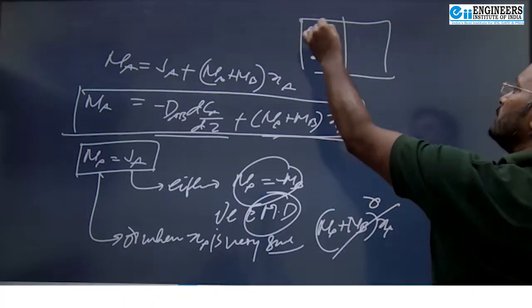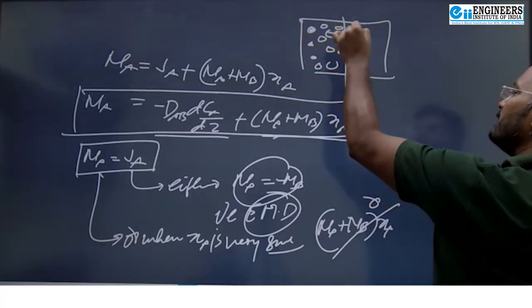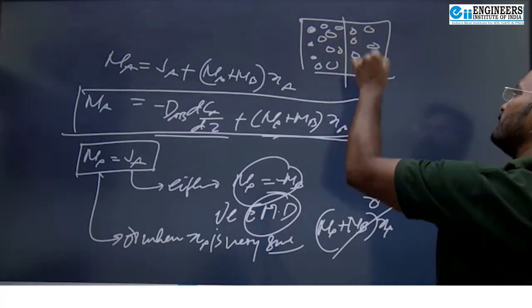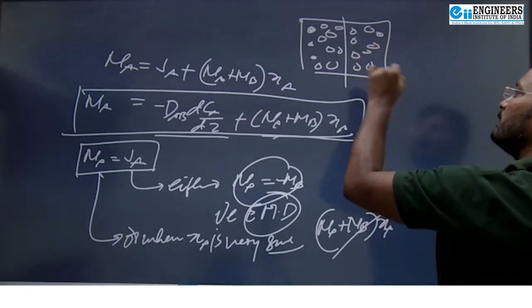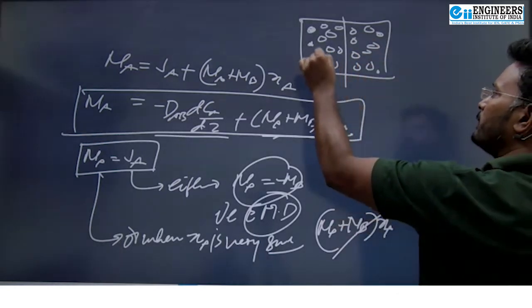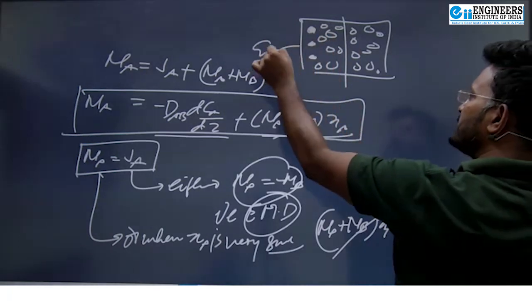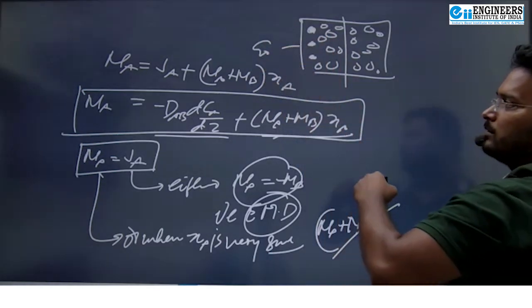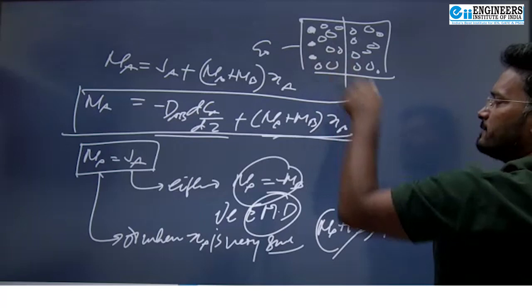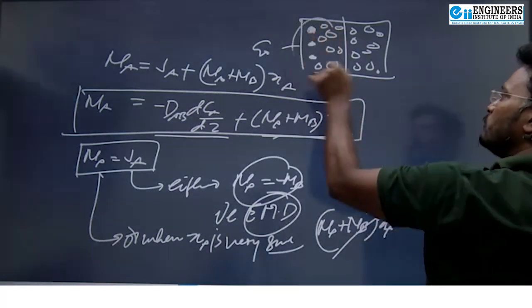Here the solid line is A, only some molecules. In a given volume the concentration of A is very, very small, or we can say the mole fraction of A is very small, meaning the solution is very dilute in A.